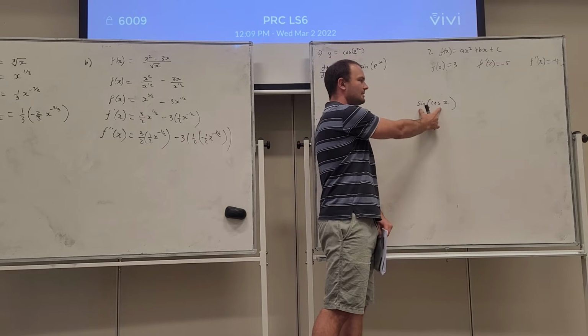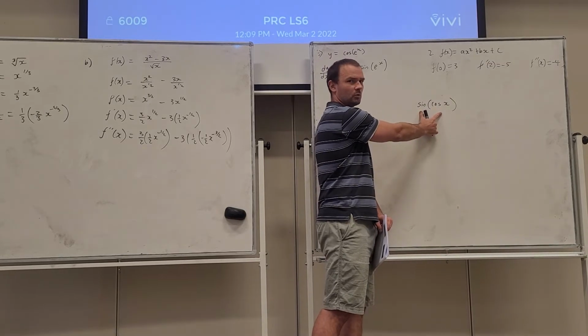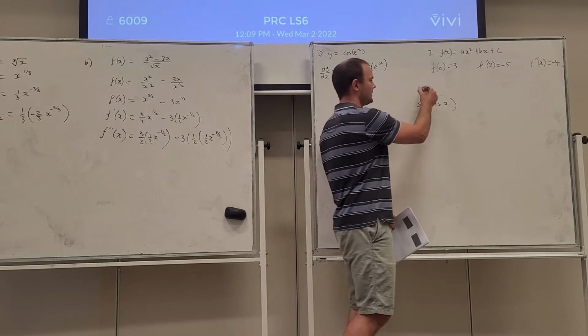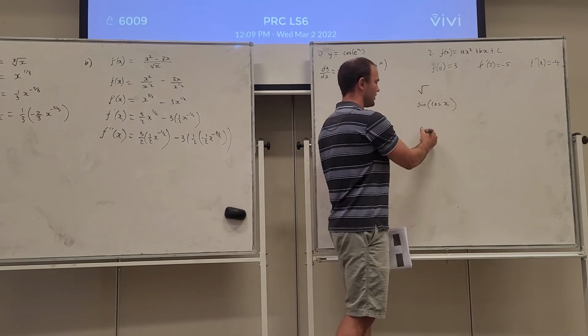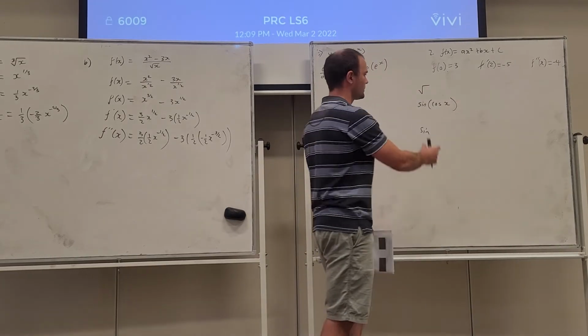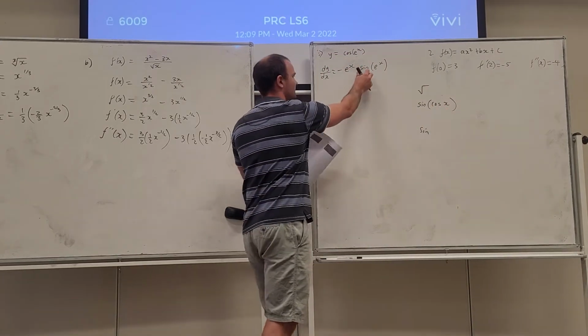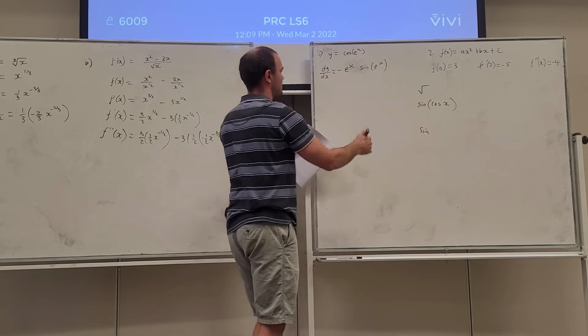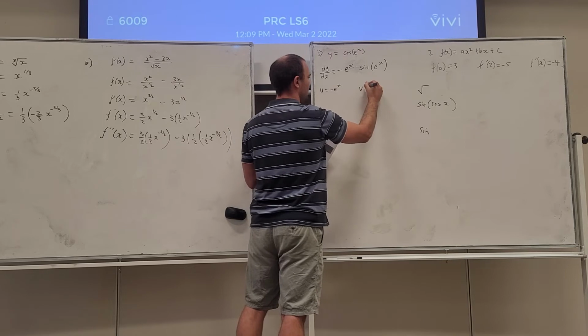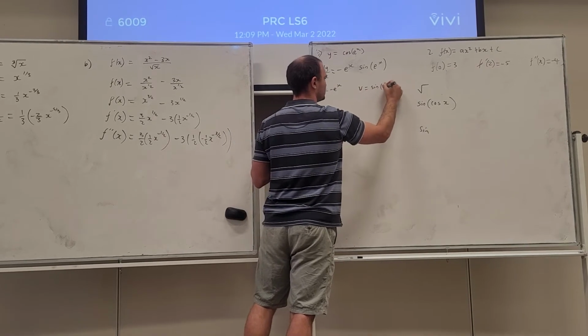So here's an example when you wouldn't use the product rule because they're not multiplying. Sine is a function, and just by itself it means nothing. It has to be sine of something. So be aware of that. Up here we have sine of e to the x. So let's use the product rule. U is going to be our first term. V is going to be our second term.